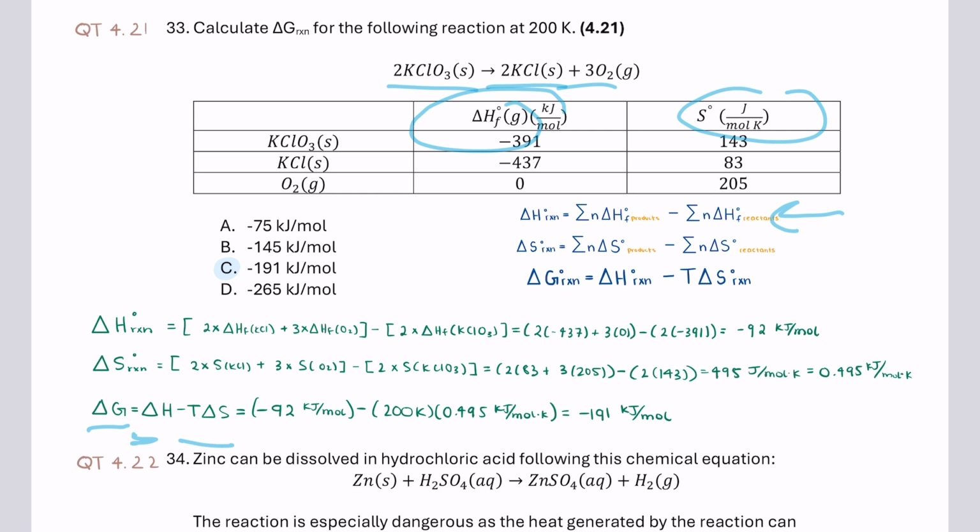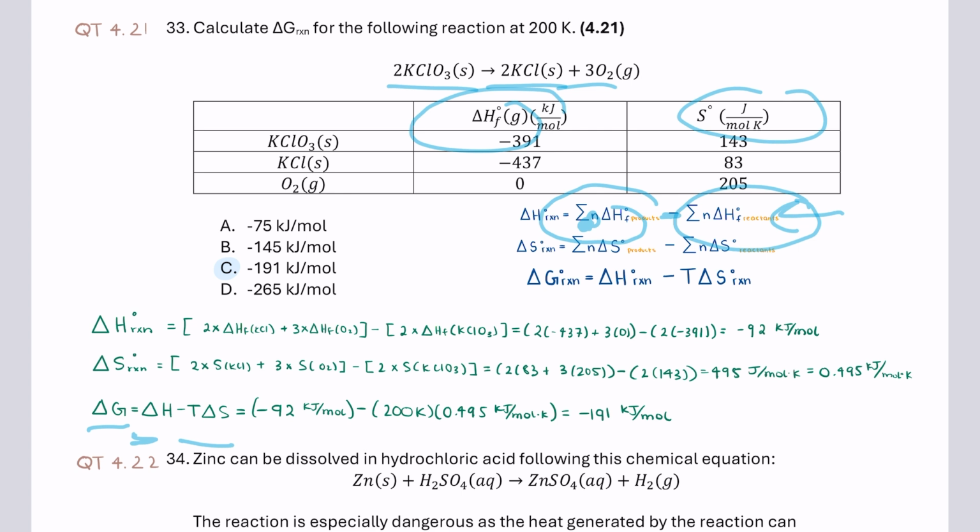The formula is that the change in standard enthalpy of the reaction equals the sum of the standard enthalpies of formation of the products, each multiplied by its coefficient in the balanced equation, minus the sum of the standard enthalpies of formation of the reactants, again, each multiplied by its coefficient.